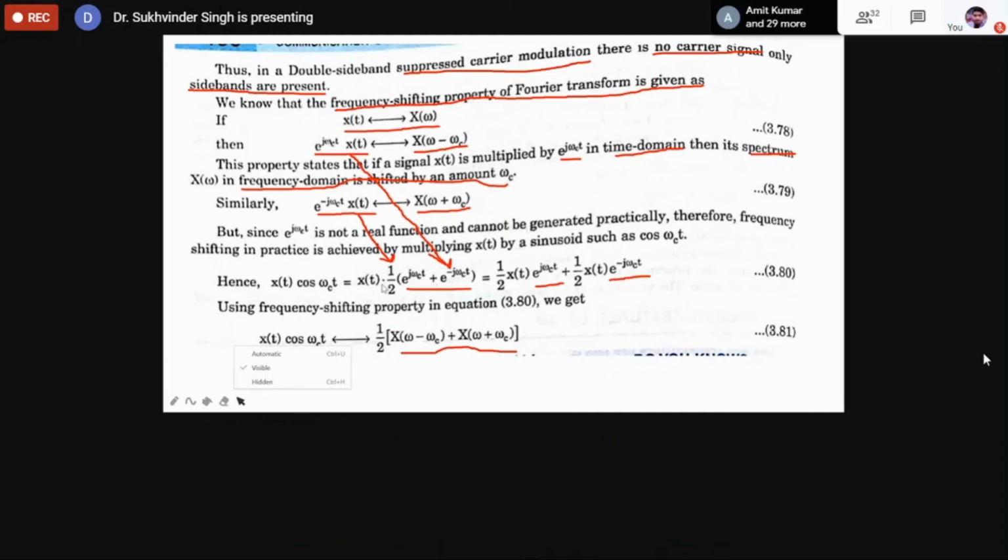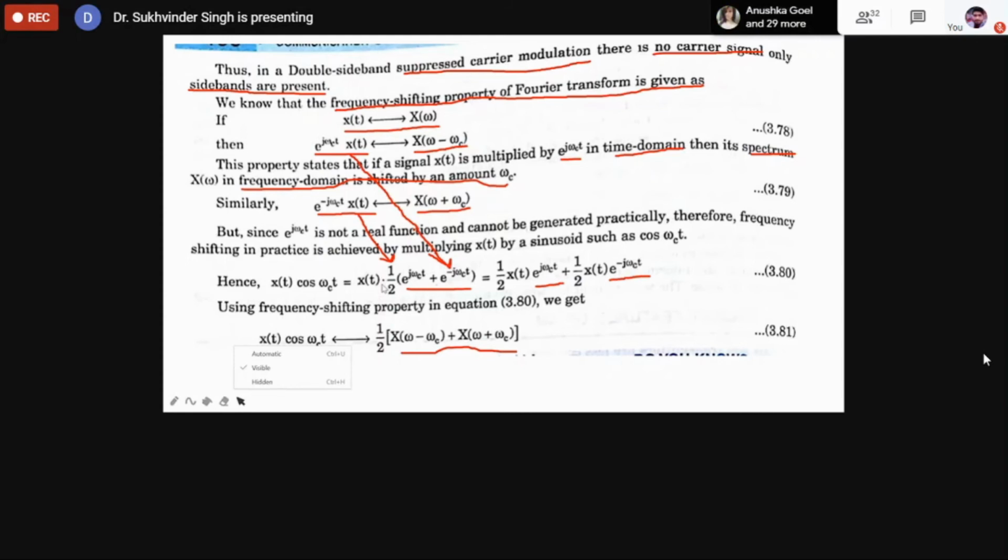If we multiply xt by e raised to power minus j omega ct, then again we will transform the function from time domain into frequency domain with the frequency omega c from the carrier signal.